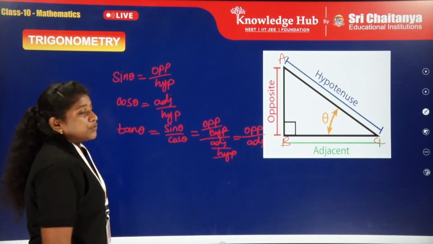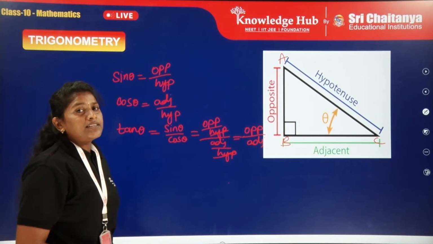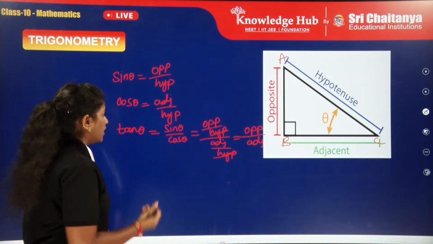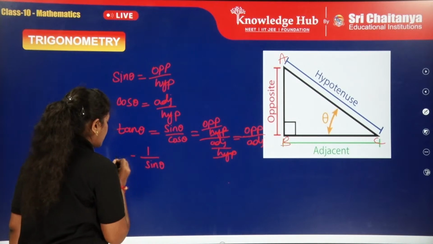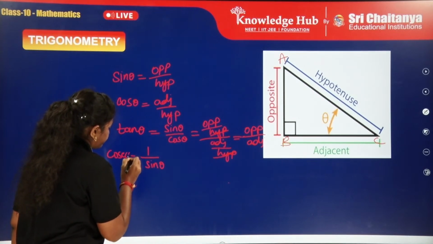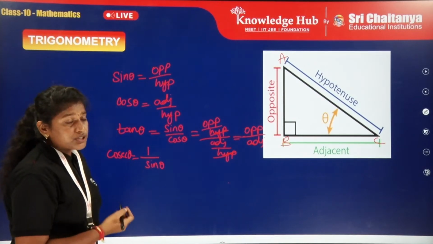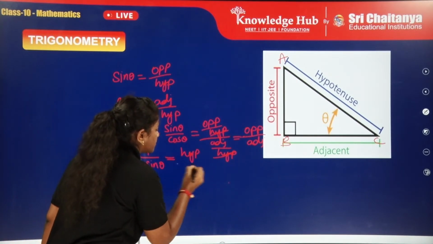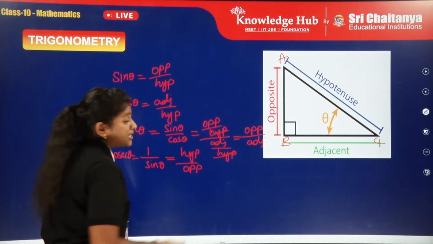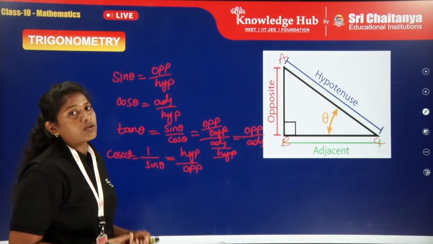Okay. Now we have the inverses of these three basic trigonometric ratios. The inverse of sine is given by cosecant theta, which is hypotenuse by opposite. In the same way we have the inverse of cos theta also.